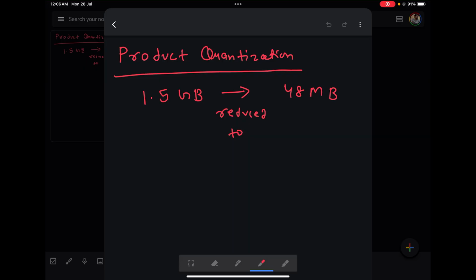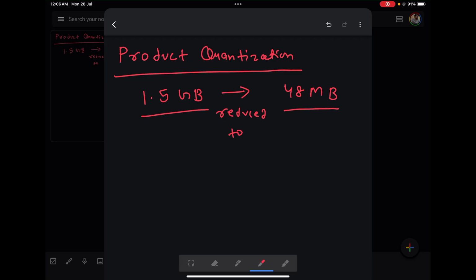As you can see here, I have given one example that 1.5 GB can be easily reduced to 48 MB. It depends on the kind of vector and the dimensions of the vector, obviously, but I will take one example here which will make it clear, and I'll assume some things like the dimension of the vectors and all to get these numbers.